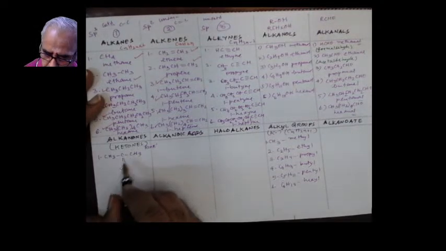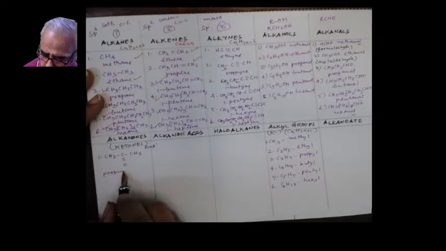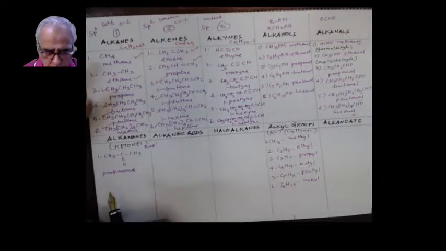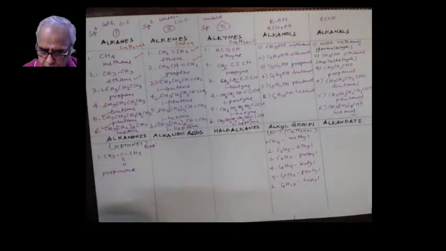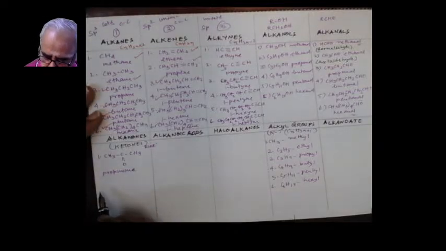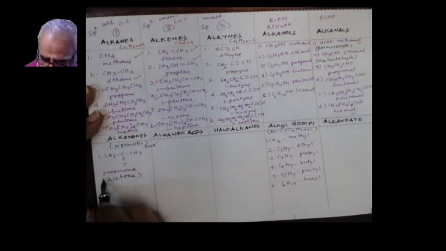And 1, 2, 3, that is propanone by IUPAC. Go by IUPAC. Propanone. P-R-O-P-A-N-O-N-E. You have to be very careful about the spelling also. And industrially it is called by the trivial name acetone. It is a very fast evaporating solvent.